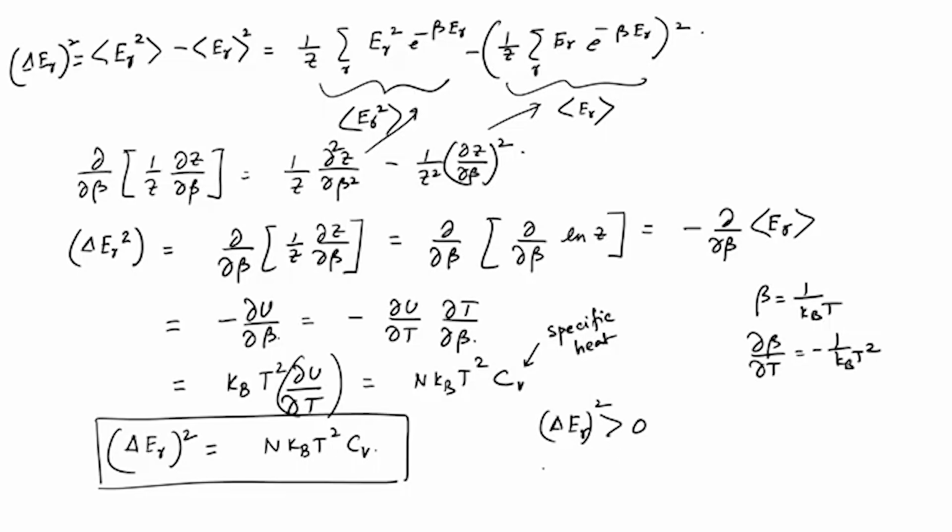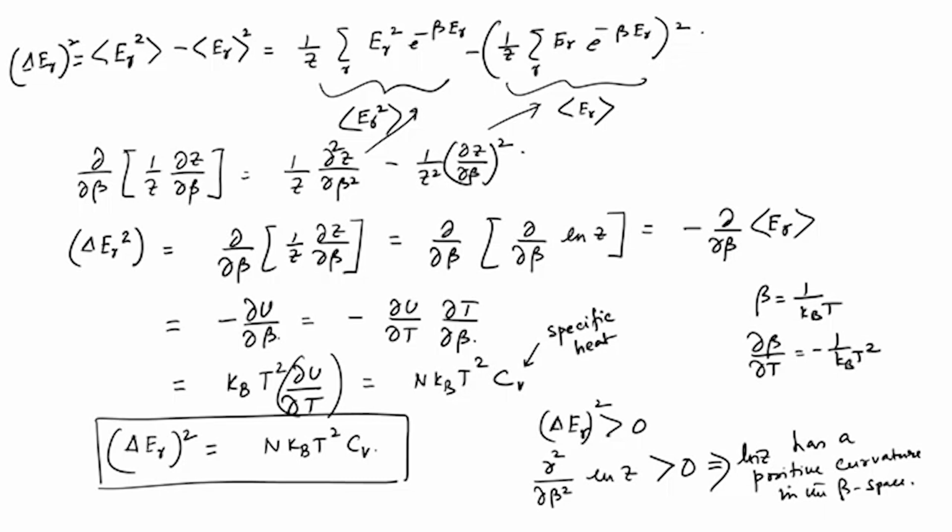And if you go back, you will see that this is like del 2 del beta 2 of log z, that is greater than 0. So, this is proportional to del 2 del beta 2 of log z. Now, that tells us that log z actually has a positive curvature in beta space.